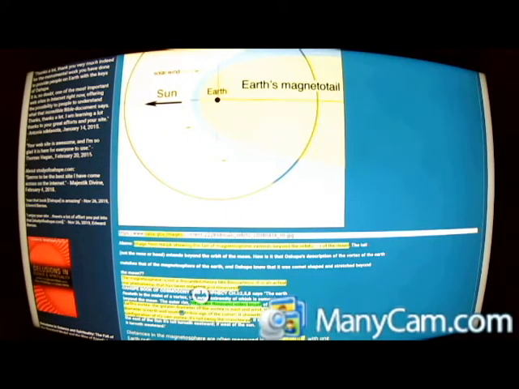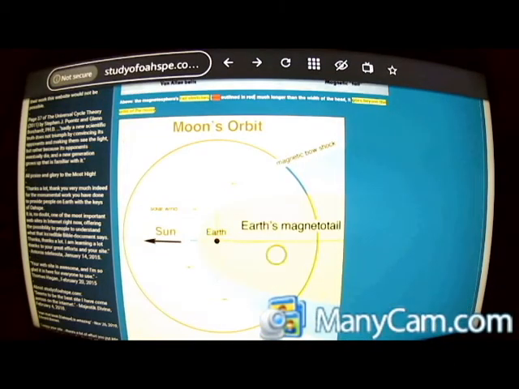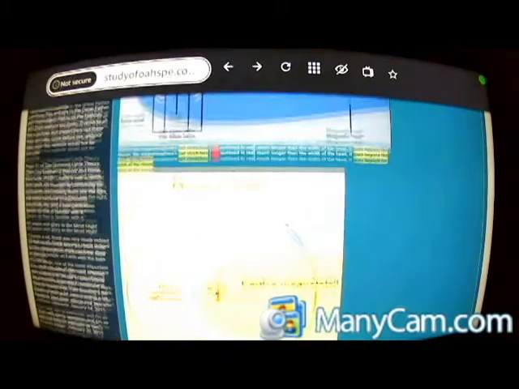Whereas where it says the outer extremity of the vortex is somewhat beyond the moon, that outer extremity is talking about the tail right there. It goes beyond the moon's orbit.